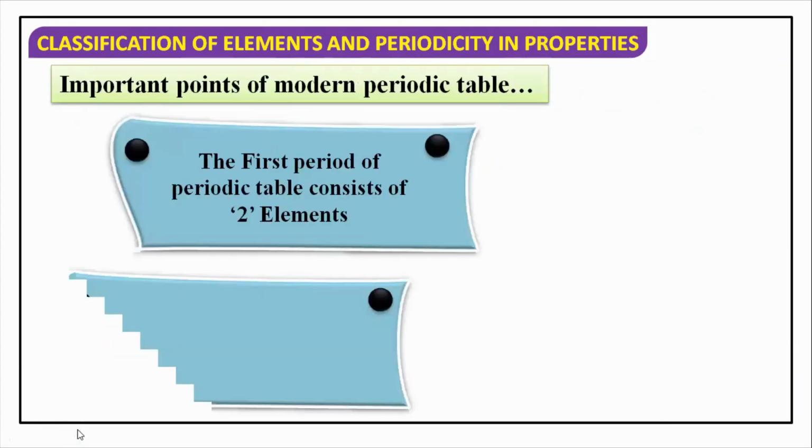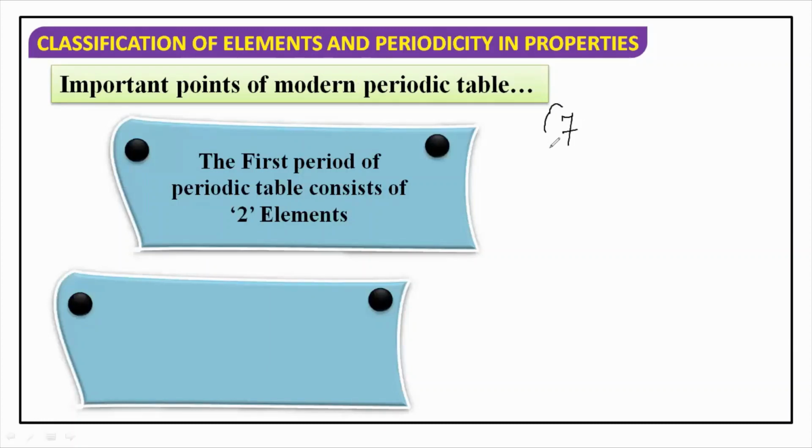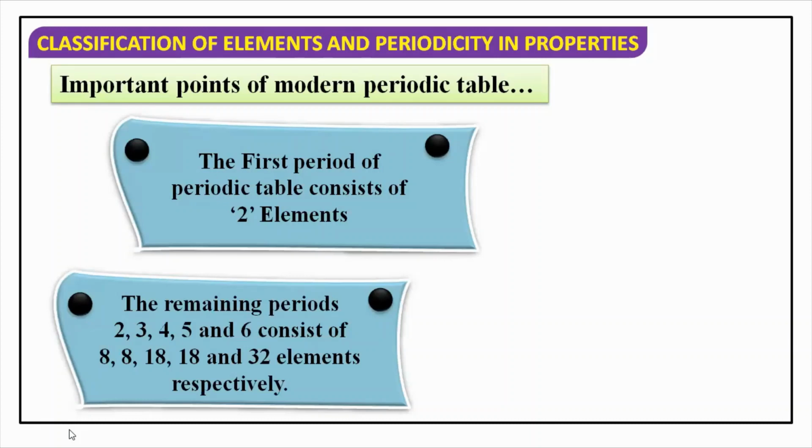Important points about the modern periodic table: in total it has how many periods? 7 periods, of which the first period contains only 2 elements, hydrogen and helium. The remaining periods 2, 3, 4, 5 and 6 contain 8, 8, 18, 18 and 32 elements. So how many elements are there as per the periodic table?